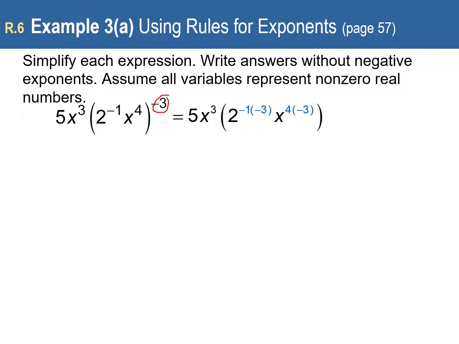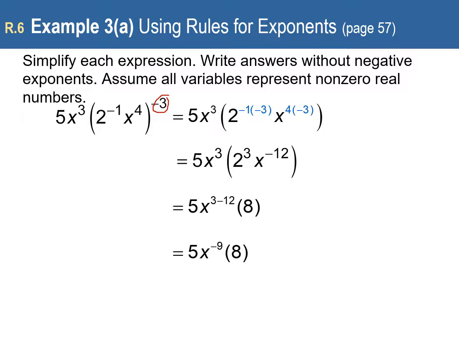And so this becomes 5x cubed times 2 to the cubed, x to the negative 12. Now, you want to combine your x terms. So this becomes 5, x to the 3 minus 12 times 8. We can go multiply that out. So this is 5, x to the negative 9 times 8, which is 40 divided by x to the 9th.